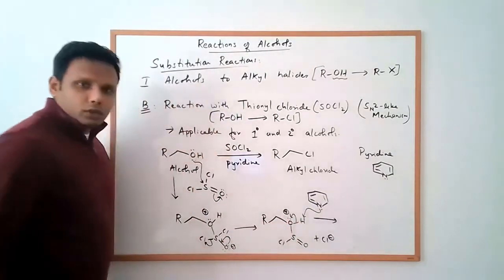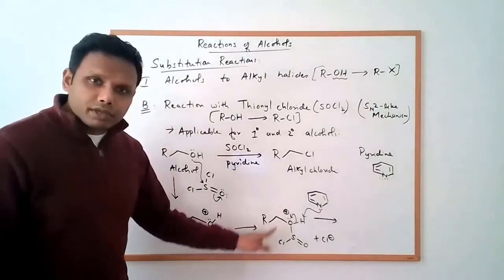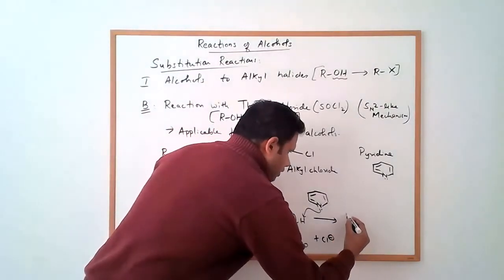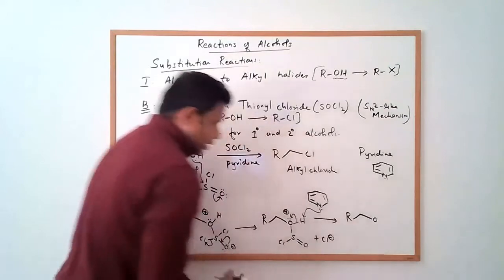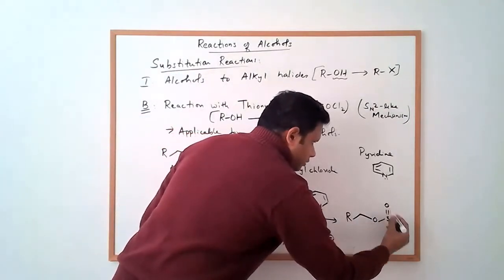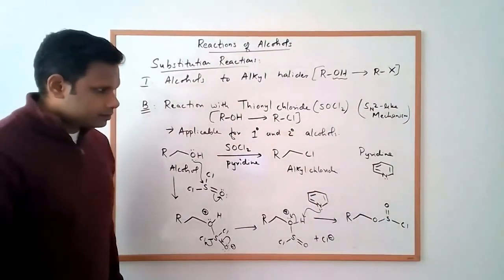That's going to put the lone pair back on the oxygen. That bond becomes a lone pair on the oxygen. And it would give us a new intermediate where the oxygen is connected to the sulfur, double bond O, and there's a Cl on it.